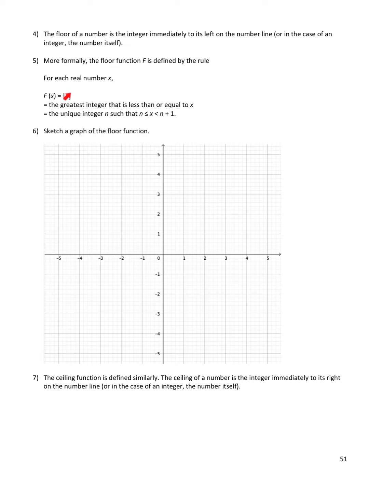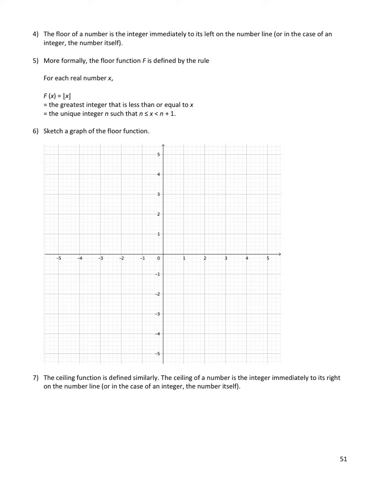It kind of looks like absolute value bars, but it has little feet to indicate floor. And we define this as the greatest integer that is less than or equal to x. So the largest integer that is still smaller than x. Or the unique integer n such that x is sandwiched between n and n plus 1.